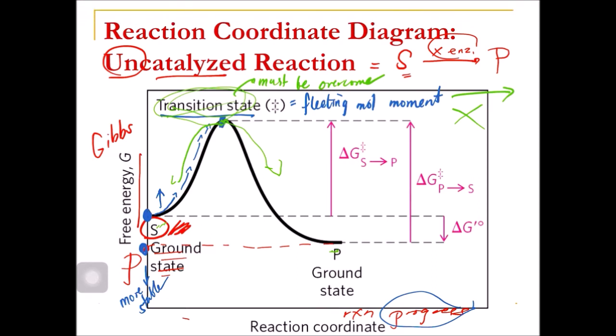Such overcoming would cause lowering of Gibbs free energy until such time that the product will be formed. And notice that product has again lesser free energy, making it more stable. However, you can see here that there is a significant difference in the level of Gibbs free energy of the substrate and also Gibbs free energy of the product.